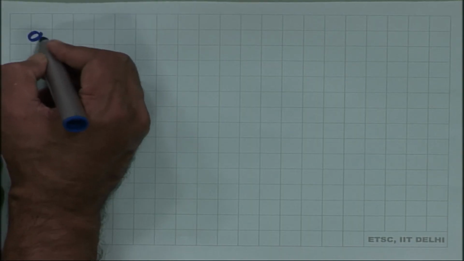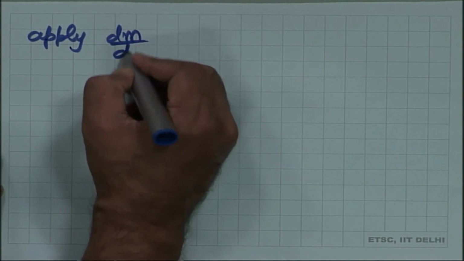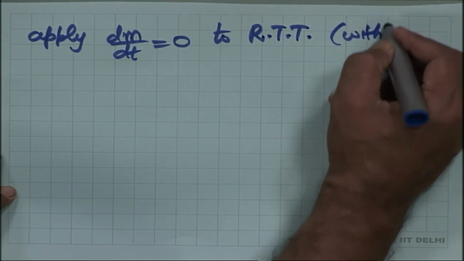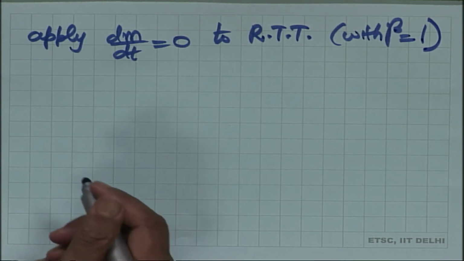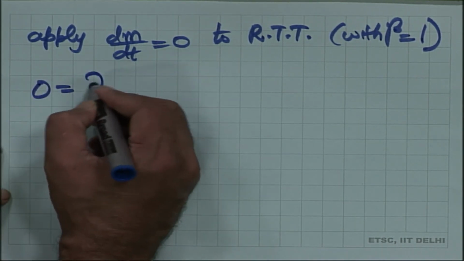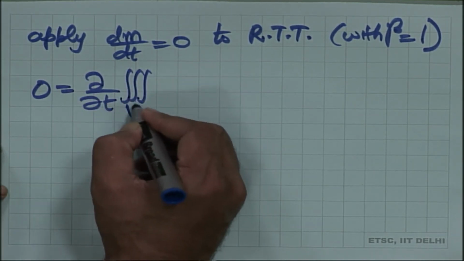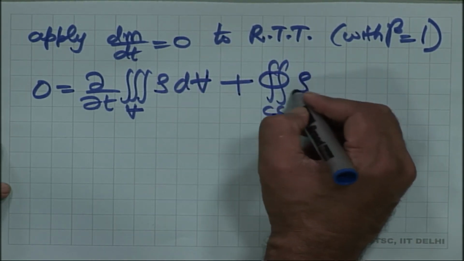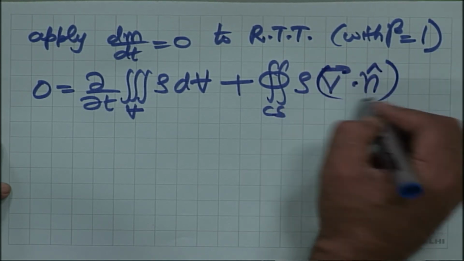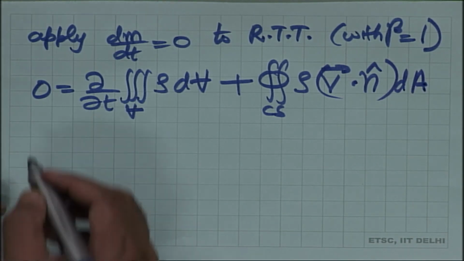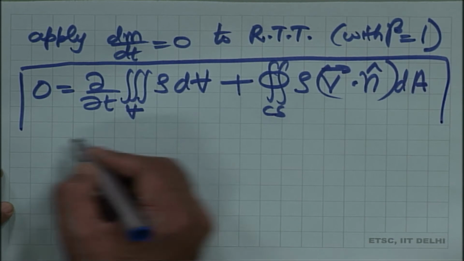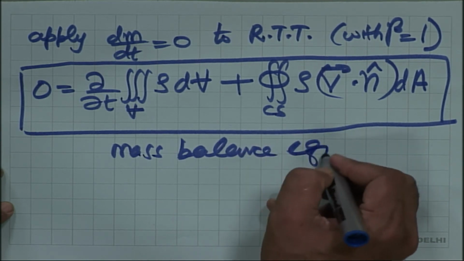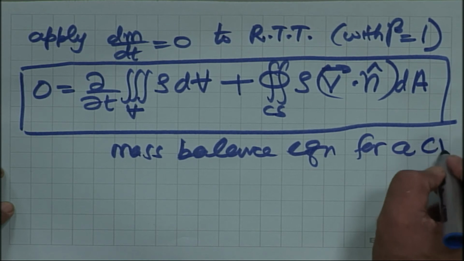So, applying this, dm by dt equal to 0, to the Reynolds transport theorem with beta equal to 1, this gives us 0 is equal to, and this is the mass balance equation for a control volume.